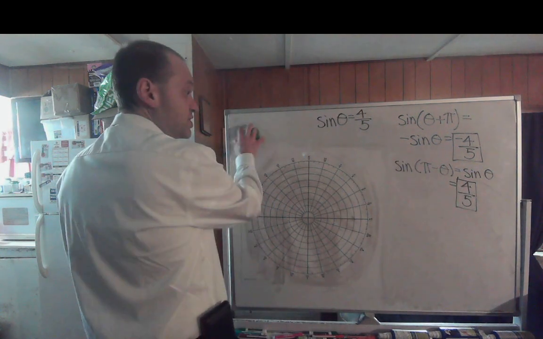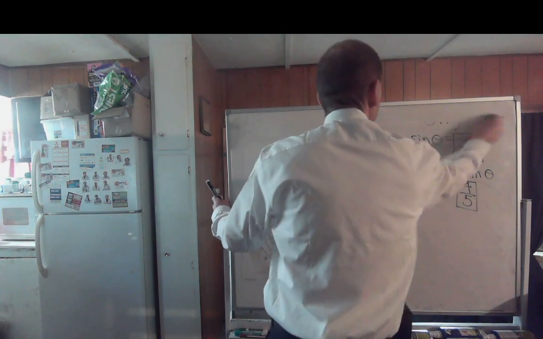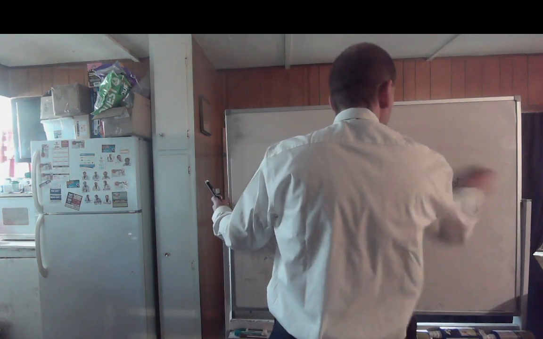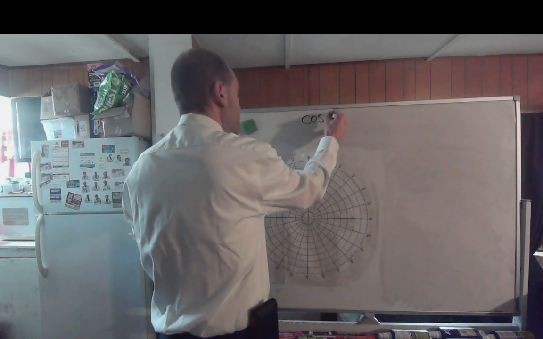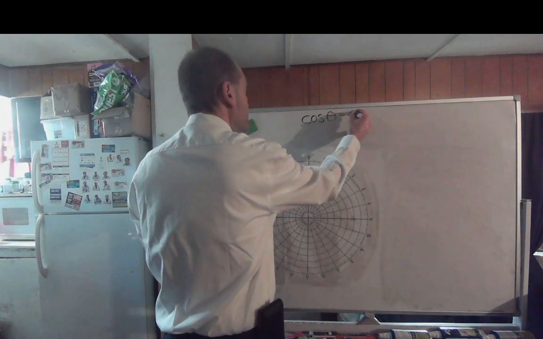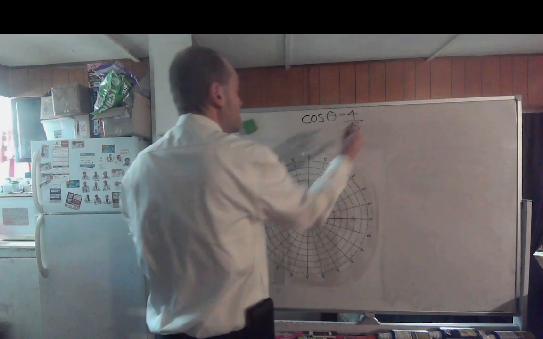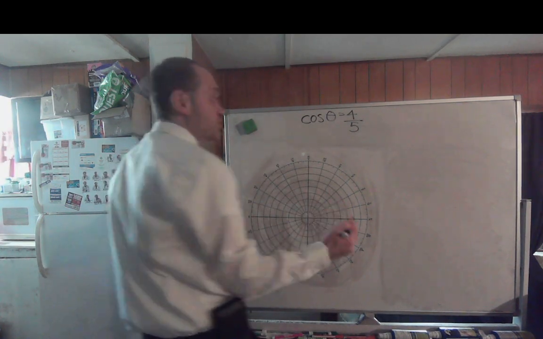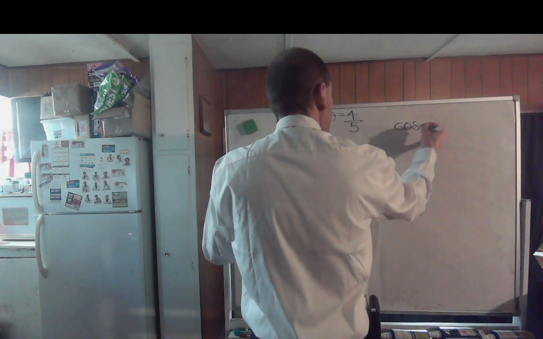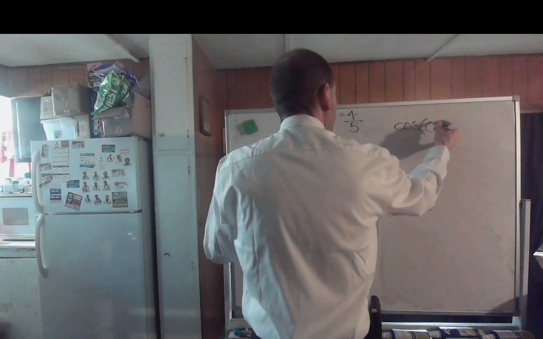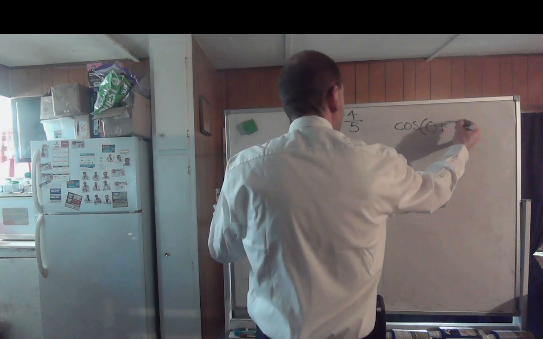Alright, so that wasn't so bad. Now one more of these. This time let's say the cosine of theta equals 4/5. Cosine, all the trig functions are periodic. Let's say we have the cosine of theta plus pi.